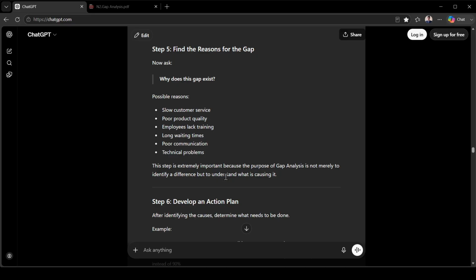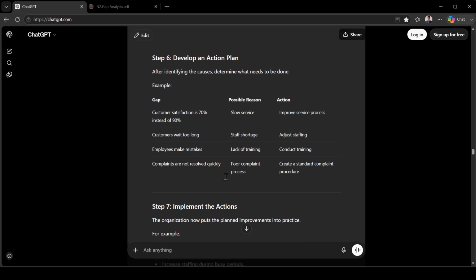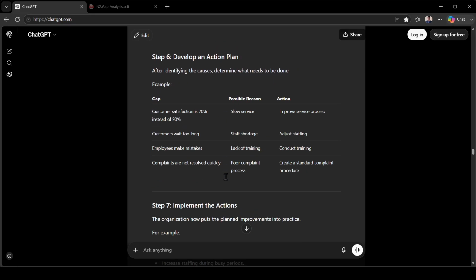Step 6: develop an action plan. After identifying the causes, determine what needs to be done. Example: gap, reason, action. Customer satisfaction is 70% instead of 90%.